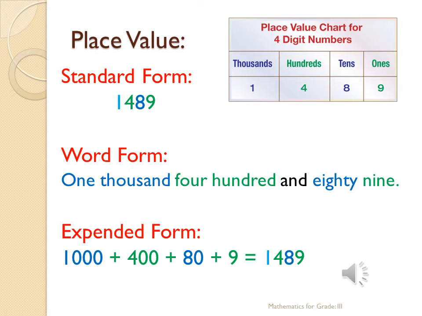Tens is a two-digit number, so we write 8 and 1 zero, and we know ones is a single digit, so we write 9. So 1000 plus 400 plus 80 plus 9. This is the expanded form of any number. It comes to 1489. So here we learn the three forms of any number: standard form, word form, and expanded form.